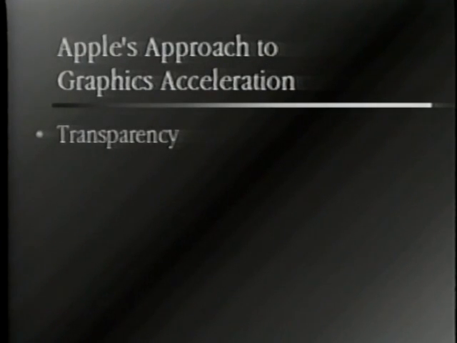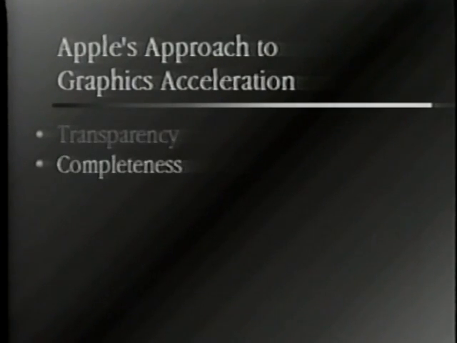We had to make it complete in that we wanted to accelerate the entire imaging model, not only from graphics primitives such as lines and arcs and rectangles, but also in manipulating 24-bit images and also manipulating all the background data structures necessary, like window maintenance and region maintenance, that's necessary for a graphical user interface.